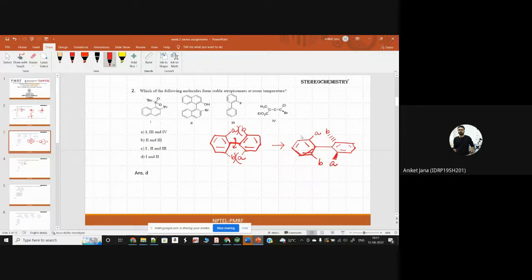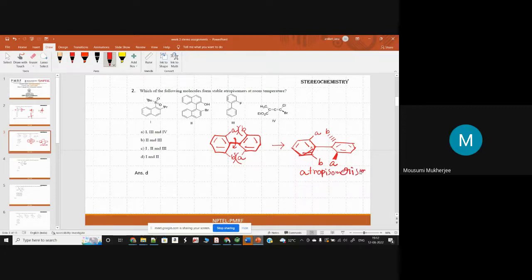Can you get it? If this phenyl ring is in the plane of the paper, then due to the substitution at the ortho position, the other phenyl ring is perpendicular to it, right? Then there is the presence of a chiral axis. This kind of isomerism is called atropisomerism.